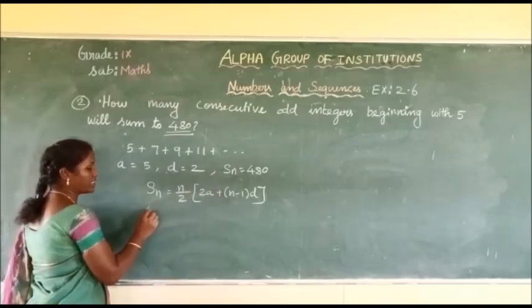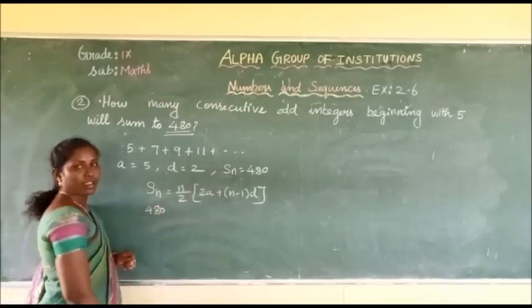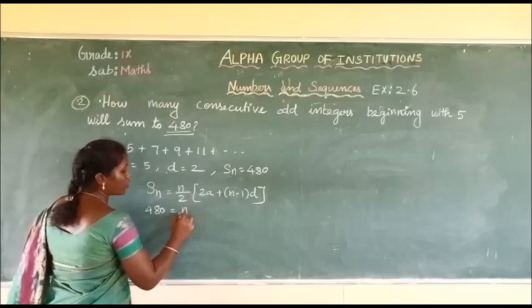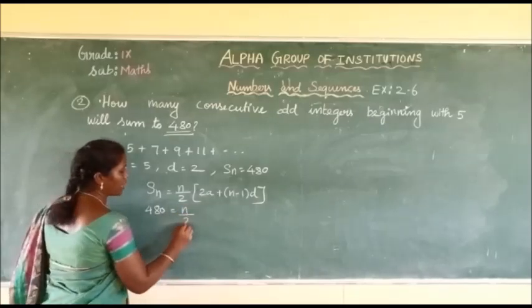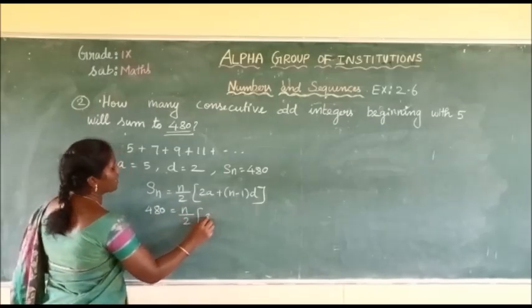How? For Sn we can substitute 480. Now, I don't know the value of n, so we keep it as n by 2 times 2a. What is a here? 5.